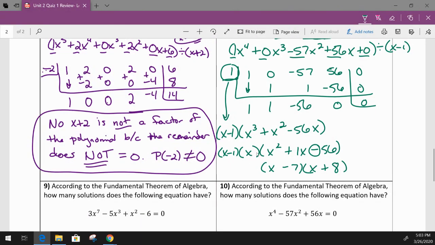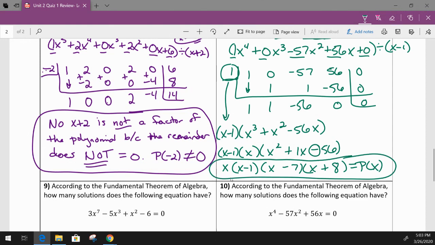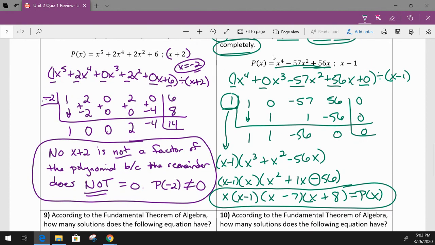And then I'm just going to switch these factors around because the x I like to put in the front because it's a monomial. So monomials should probably go in front, and then your x minus 1, x minus 7, x plus 8, and all that equals p of x. So this is now factored completely. If you were to multiply these all back together, it would equal the p of x that we started with.